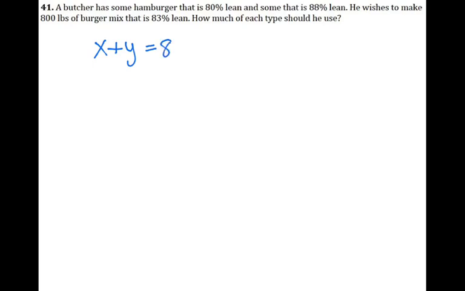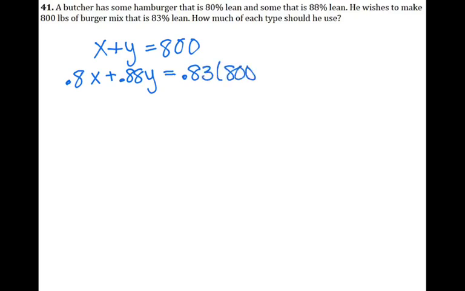So again, X is the amount of 80% lean, and Y is the amount of 88% lean, so I have amount plus amount equals amount. Now I'm going to start to look at the percents. So 0.8 times X plus 0.88 times Y equals 0.83, because that's what he wants the mixture to be, of 800.